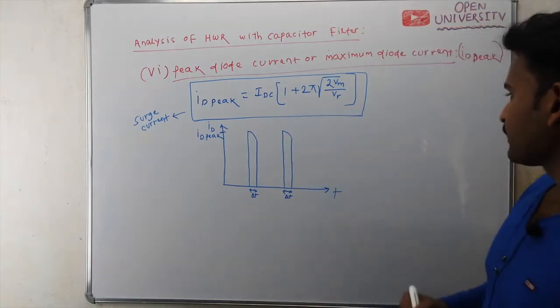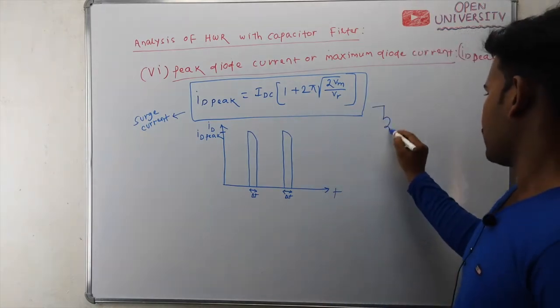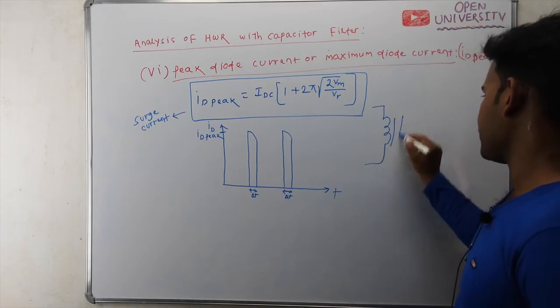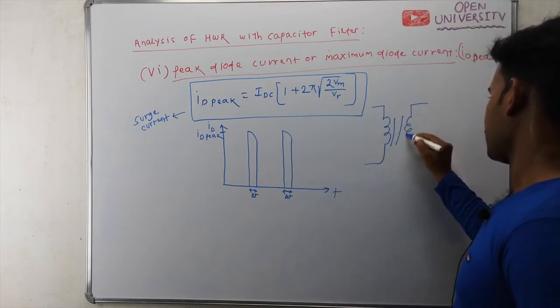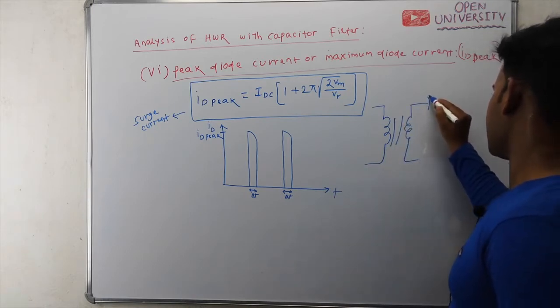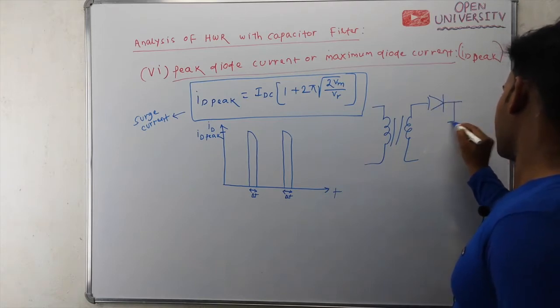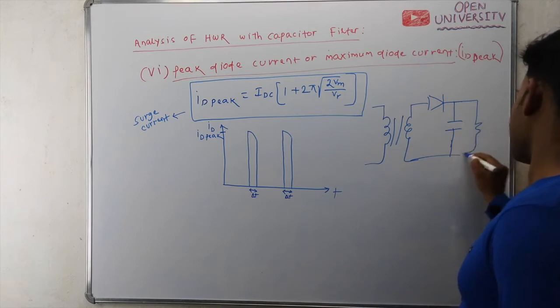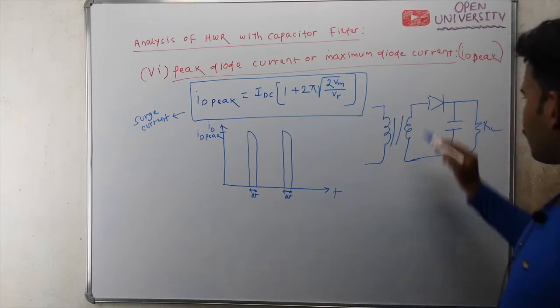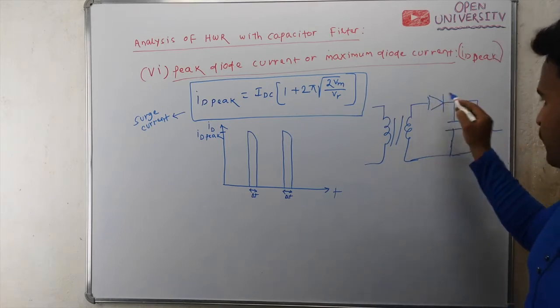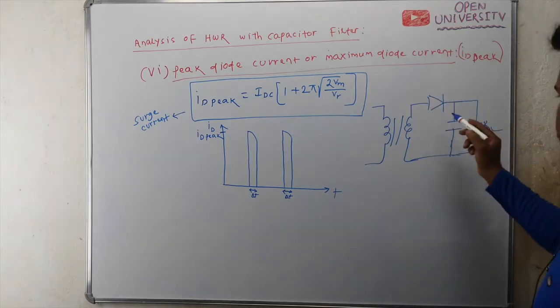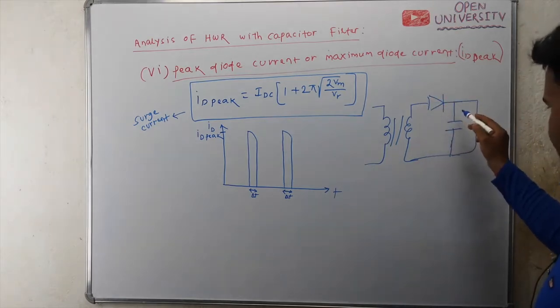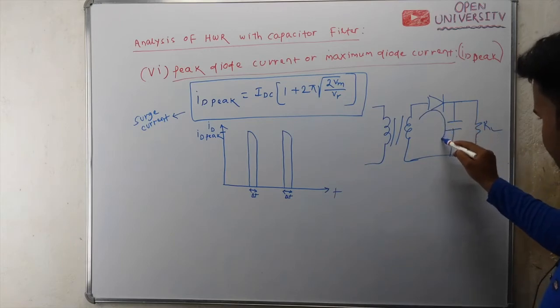Now what will happen? This is your half wave rectifier with capacitor filter. This is the diode, this is your capacitor, this is your load resistor RL. Now when your diode becomes forward biased, or conducts, your diode will be replaced with short circuit and capacitor will start charging through the diode.